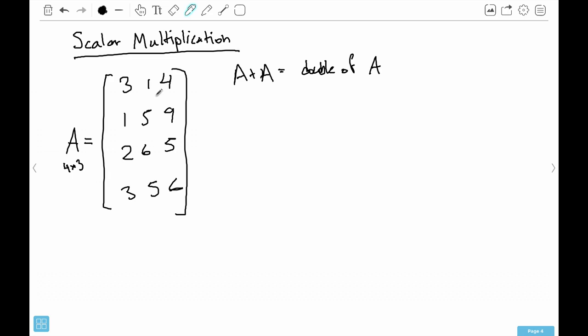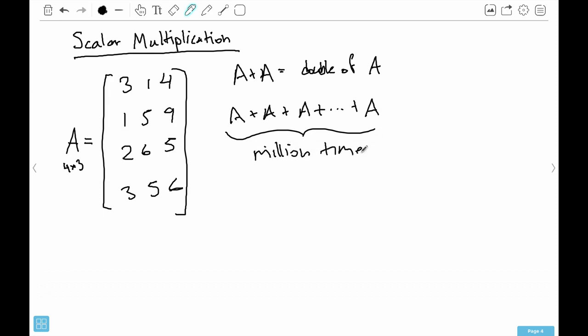But now suppose we wanted to increase A by a factor of 100 or 1,000,000. Well, based on this, we could do A plus A plus A plus dot dot dot plus A 1,000,000 times, make 1,000,000 copies of A and add them together.